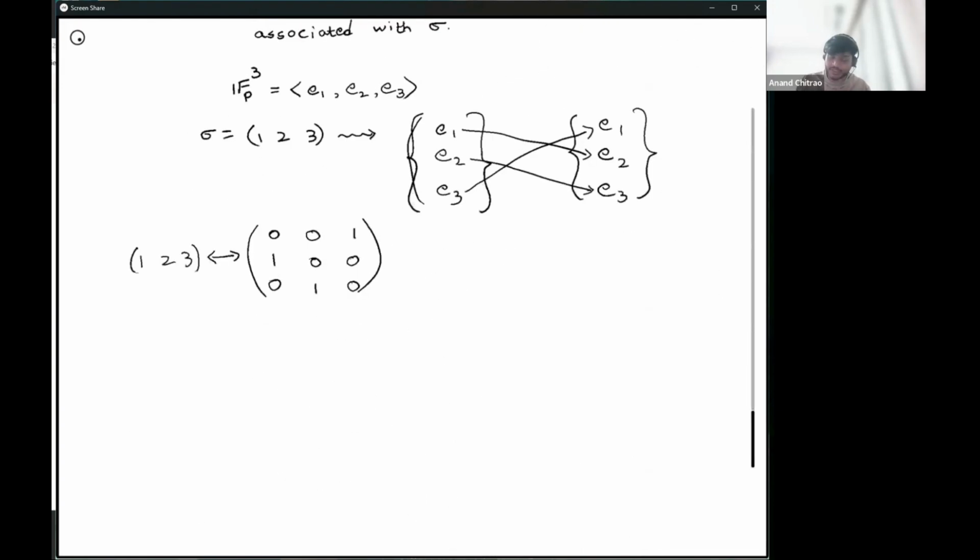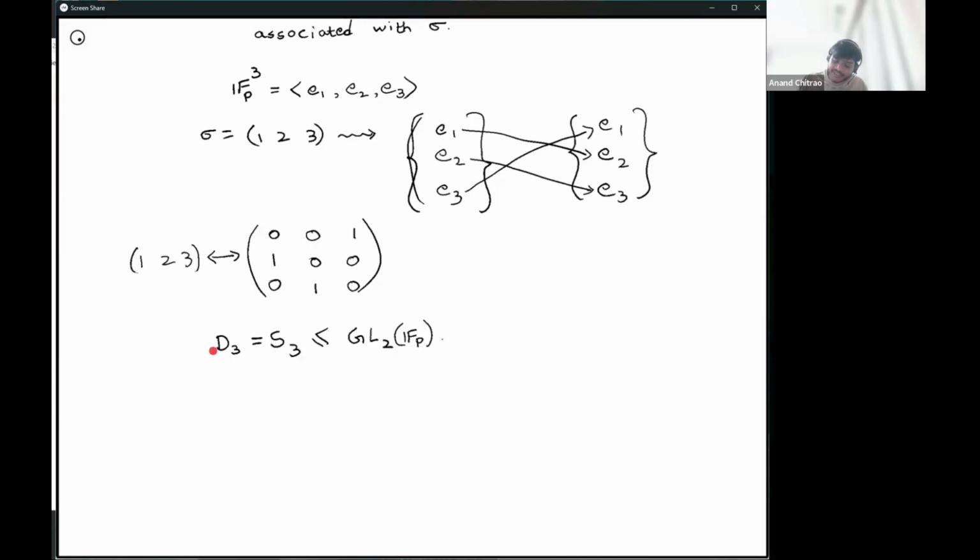Now, let me tell you one nice result. Turns out S3 is also a subgroup of GL2. S3, which is the same as D3. I'll just talk about D3, it's easier.